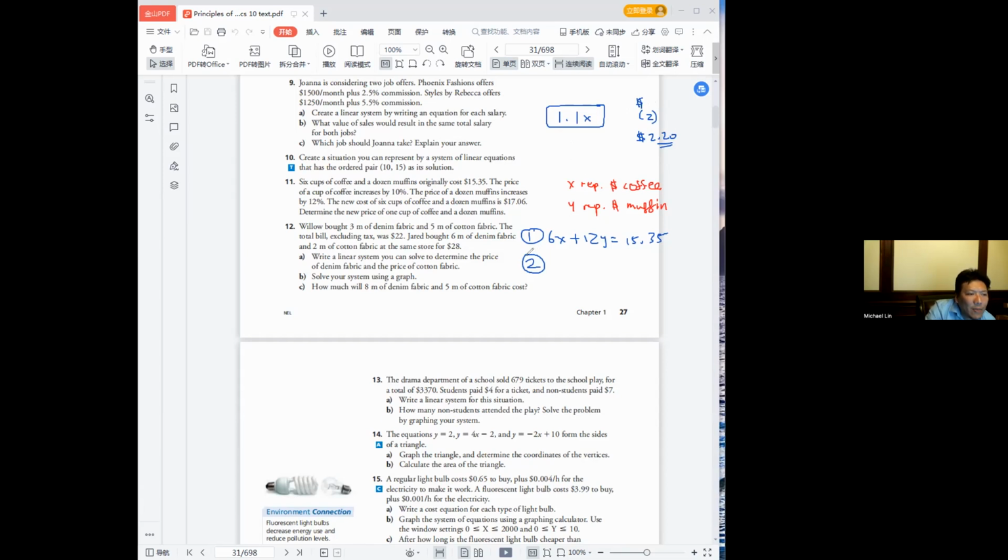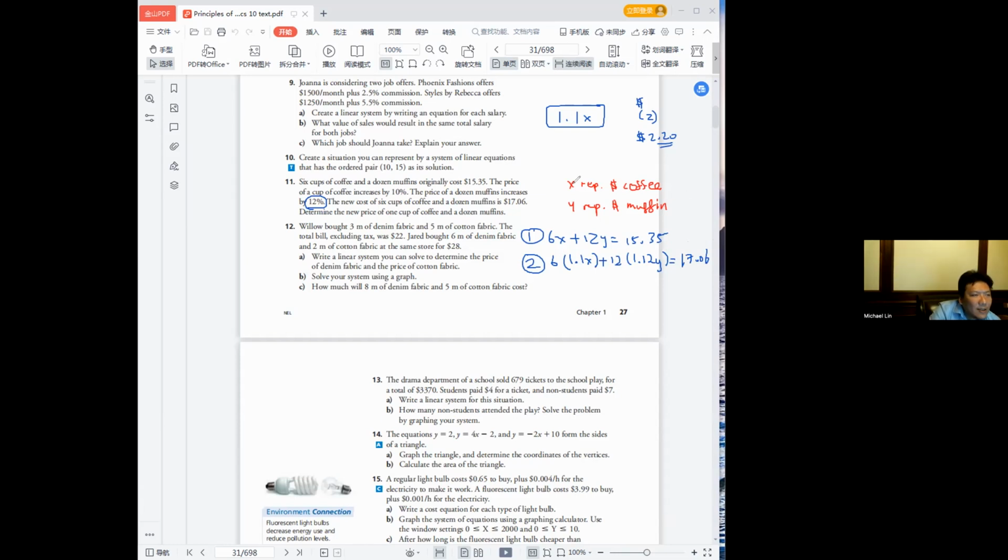Okay, so that means the second equation is this. 6 cups of the new cup of coffee price, which is 1.1x, plus 12 of the new muffin price. Again, the new muffin price is increased by 12%, so it's 1.12y. That's equal to $17.06.